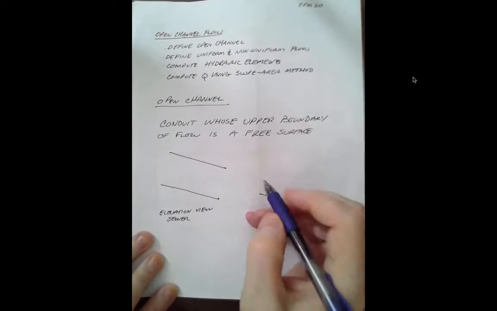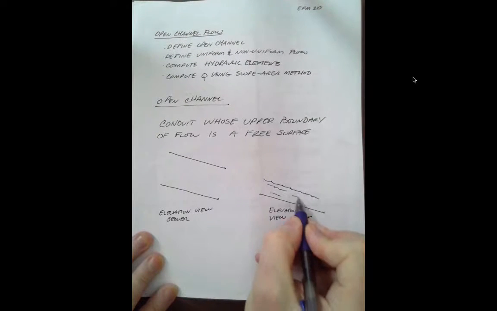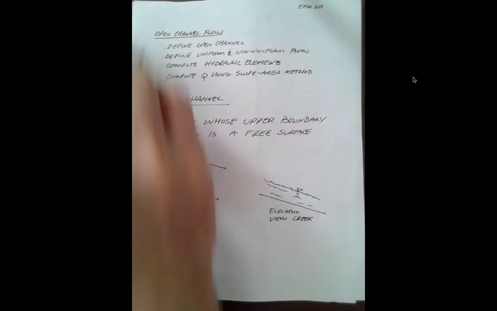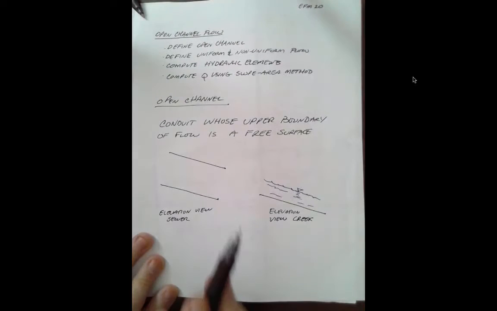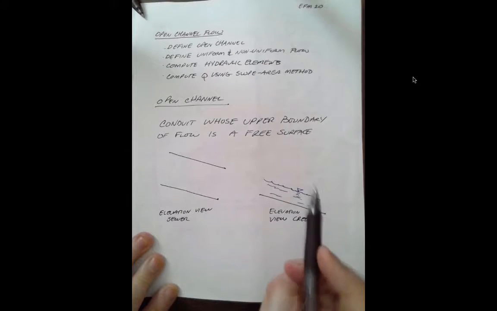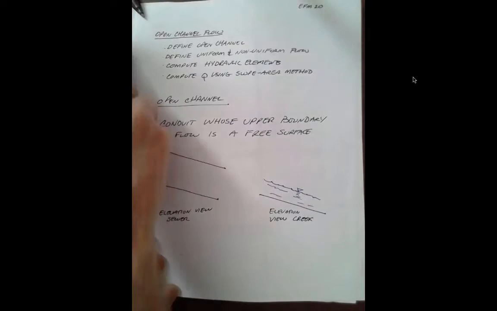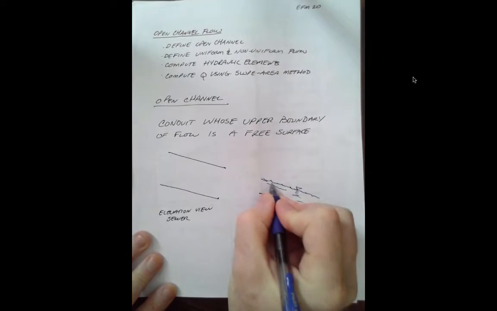Okay, so important in the concept is the existence of a free surface. So here we are in drainage. There's the free surface, and if we were to draw the hydraulic grade line, it turns out that the hydraulic grade line is coincidental with the free surface.